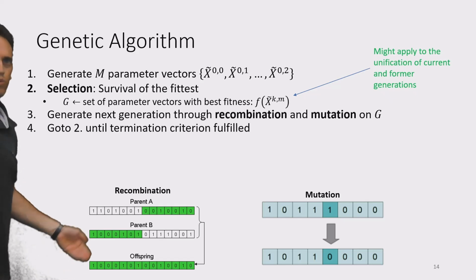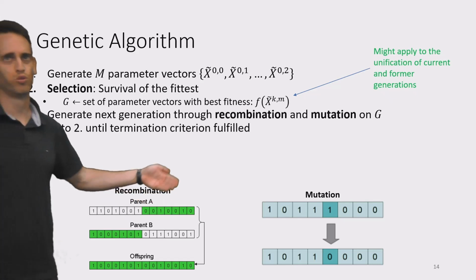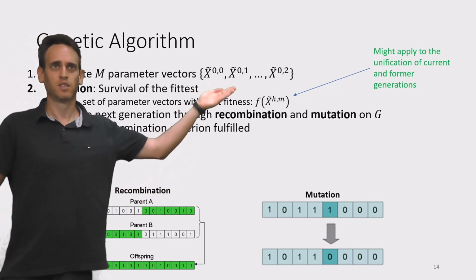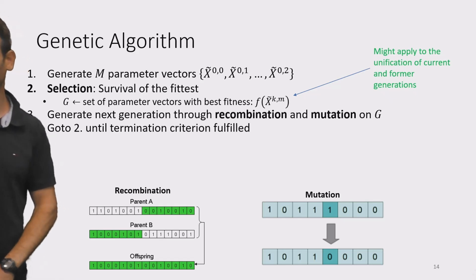And of course we repeat the process over several generations, and we hope to improve the sampled values over time through generations.